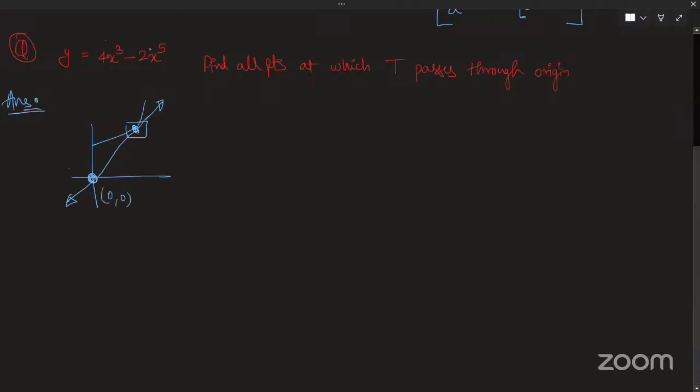So this is my curve y is equal to a function of x, f of x. At any point, I'll just assume this point to be any random point x, comma y. Can you tell me what will be the slope of the line joining 0, comma 0 and x, comma y?